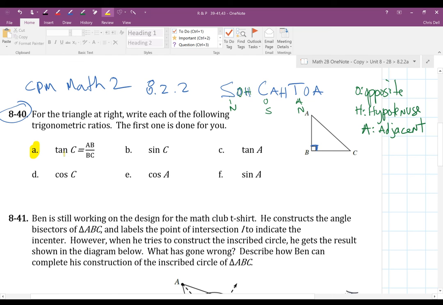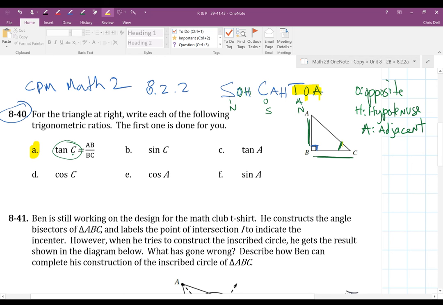Part A is asking the tangent of C. So this is angle C. When they say the tangent of C, they're saying angle C. They're saying the tangent is AB over BC, which makes sense because tangent is opposite over adjacent.